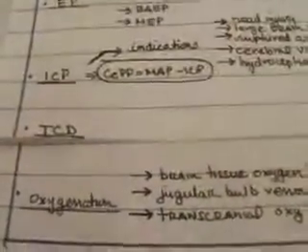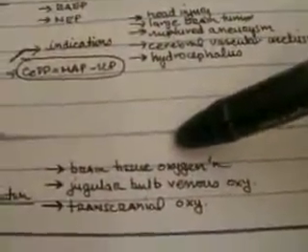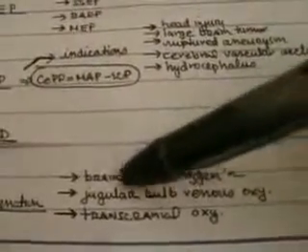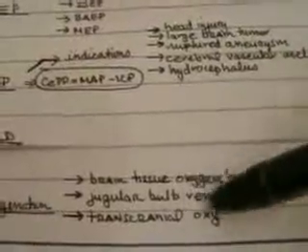You can monitor the transcranial Doppler to sense the actual flow that's taking place within the vasculature of the brain, or certain modalities of oxygenation, such as the brain tissue oxygenation, or measuring the oxygenation within the jugular bulb venous sinuses.